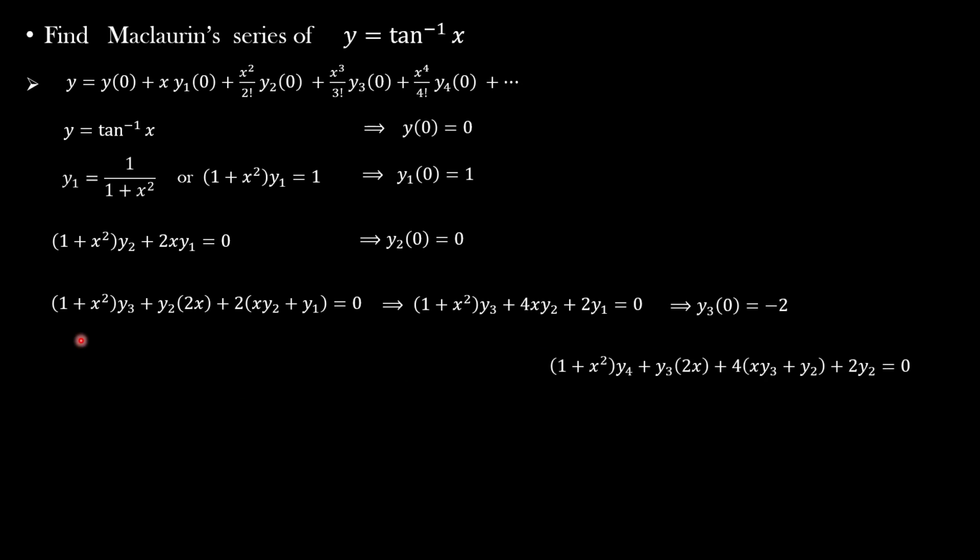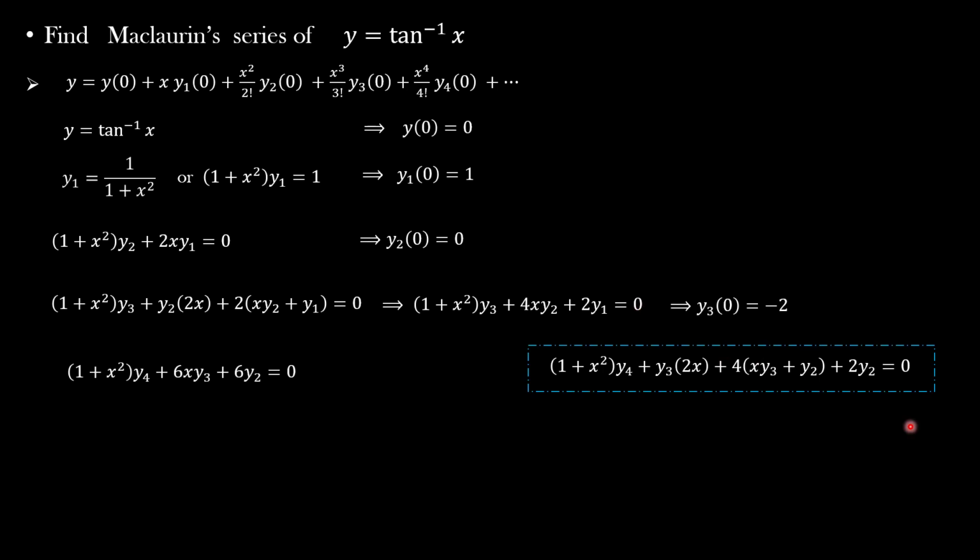Next, 1 plus x square into derivative of y3 is y4, plus y3 into derivative of 1 plus x square is 2x, plus 4 times x into derivative of y2 is y3, plus y2 into derivative of x is 1, plus 2 times derivative of y1 is y2, which is equal to 0, or 1 plus x square into y4 plus 6 times x into y3 plus 6 times y2 is equal to 0, which implies y4 of 0 is equal to 0.